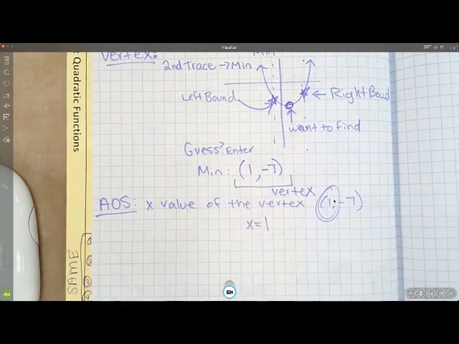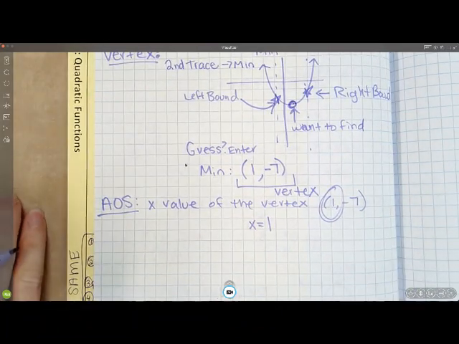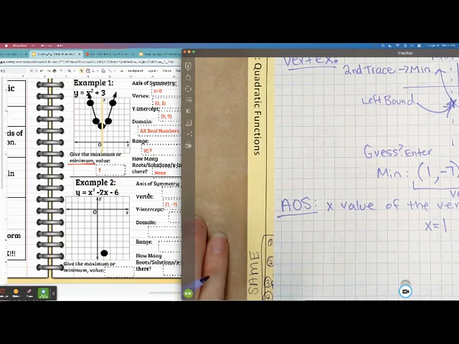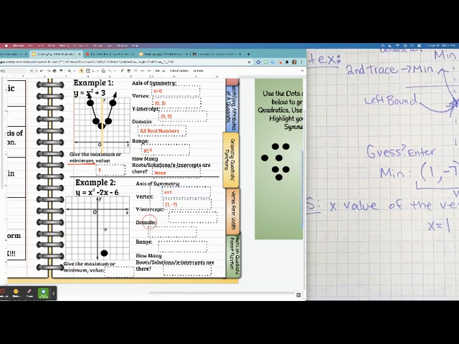So x equals 1. That is our axis of symmetry. Once you find your vertex, you know your axis of symmetry. So x equals 1. So let's grab our little line here, drag it over. Our axis of symmetry.